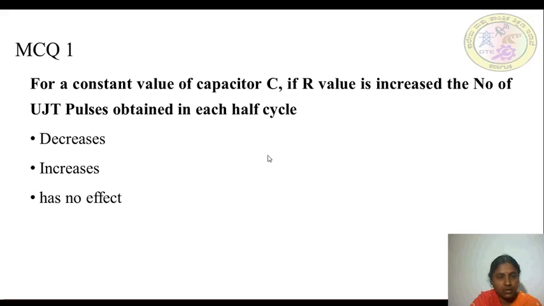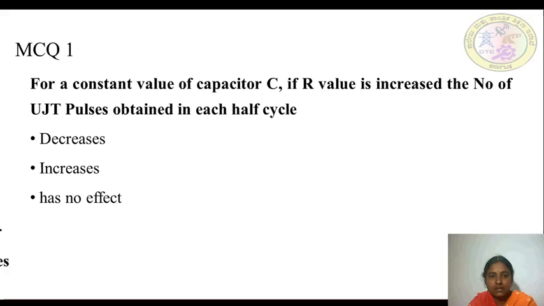So try to read the question again: the constant value of capacitor, if the R value is increased. Try to remember the circuit diagram and the waveforms which I had drawn previously. If you remember, you will be able to get the answer to this.